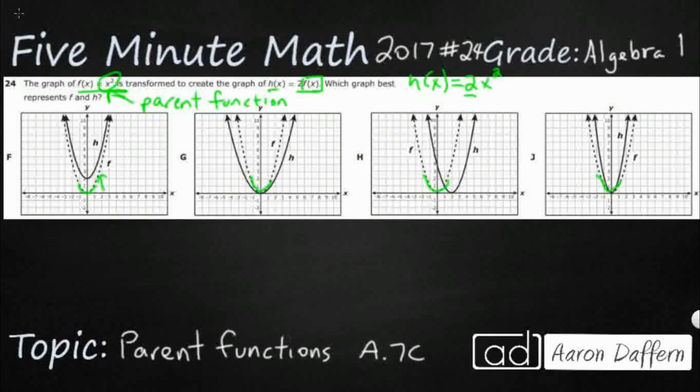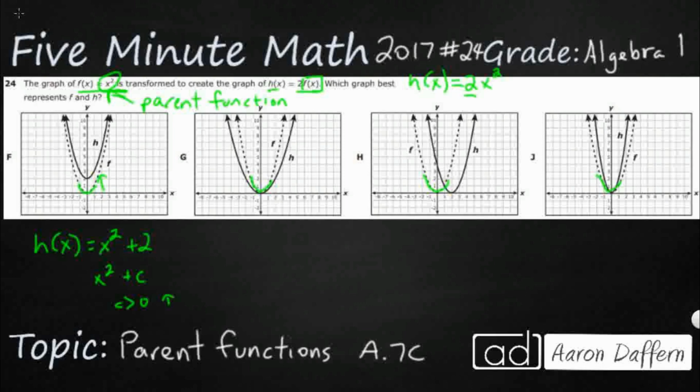How we get that is h of x equals x squared plus 2. If we have x squared plus c, and that c in this case is 2, if c is greater than 0, then it just slides up.